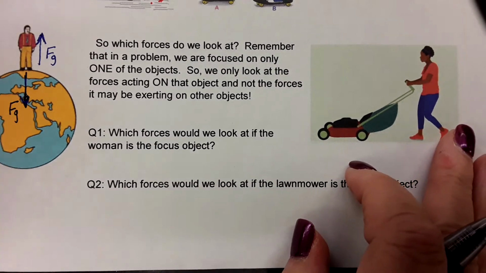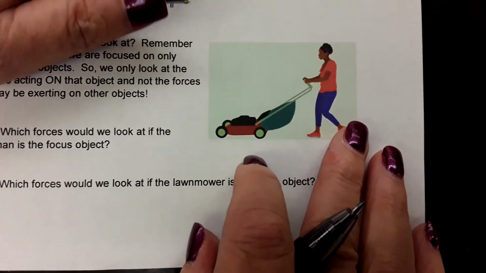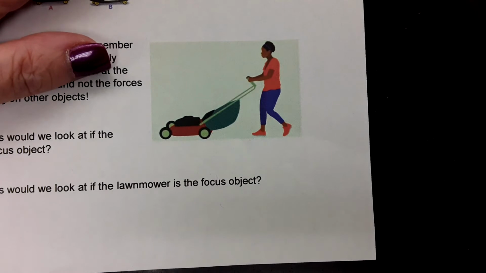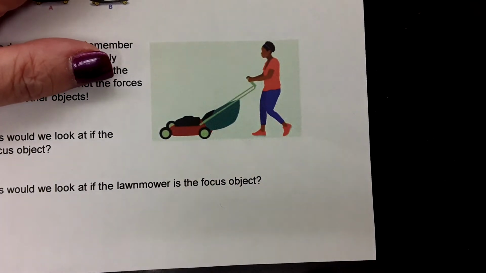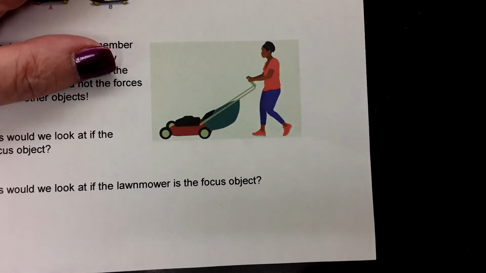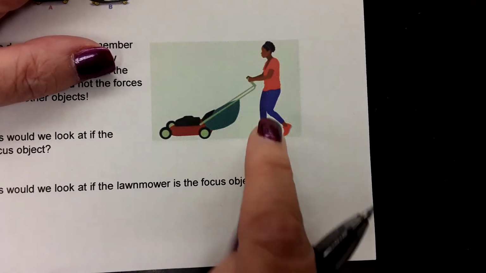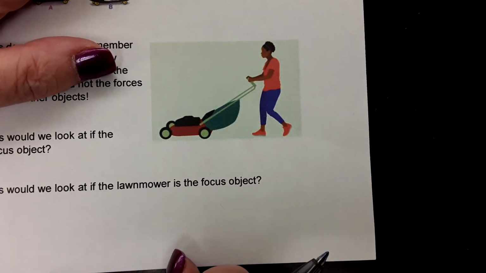Okay? Let's look at an example where there's a lot of forces and we have to think. Here's a lady pushing a lawnmower. So we want to know, what are the forces involved here? Okay? Well, let's suppose that the lady is the focus object, and let's see what the forces are.